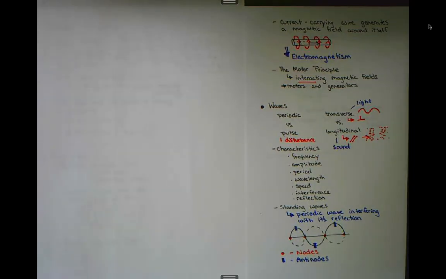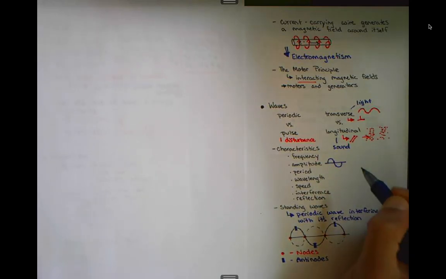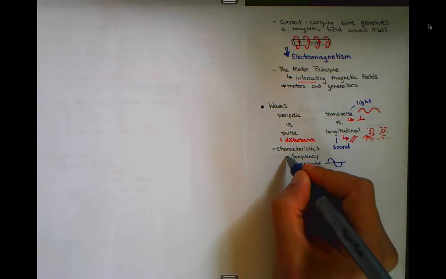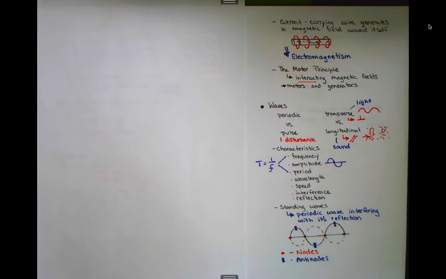Then we talked about characteristics of waves. So the frequency, how often it repeats itself, the amplitude, which is essentially the height, right? So the amplitude is how high from equilibrium. The period is the time for one cycle. So period and frequency are related, right? Where the period is equal to 1 over the frequency.